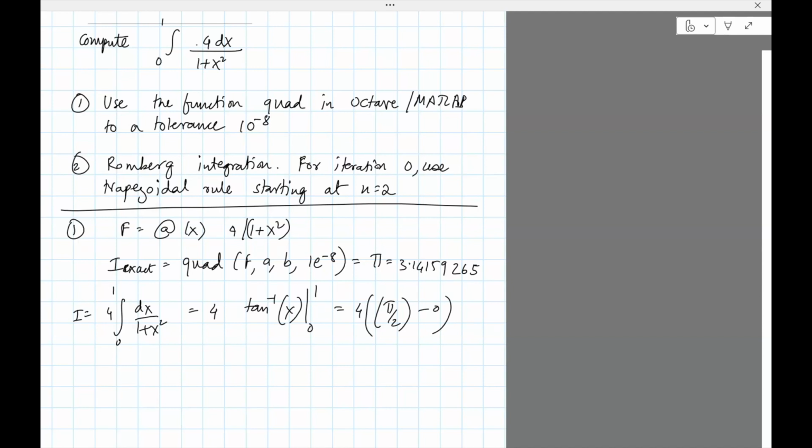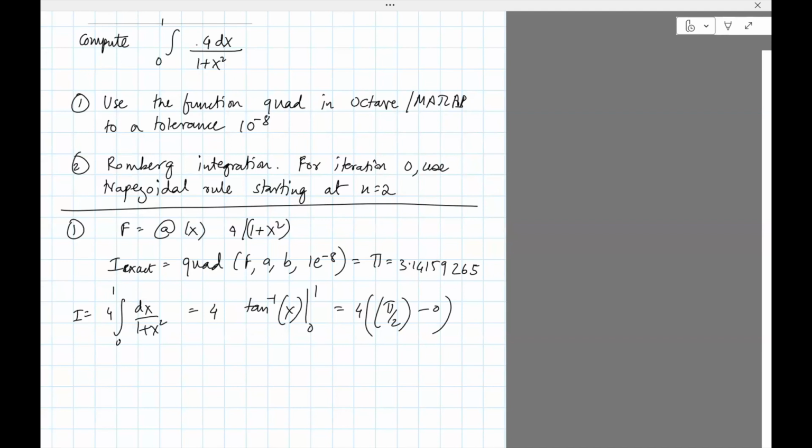I think the integral of 1 divided by 1 plus x squared is tan inverse of x. Yeah, it is tan inverse x.